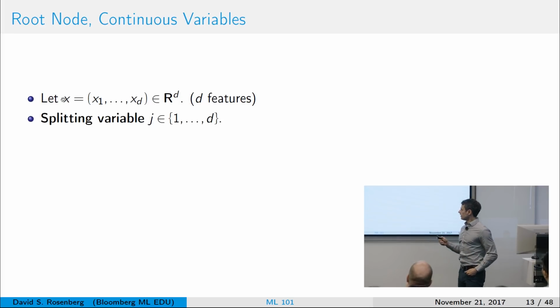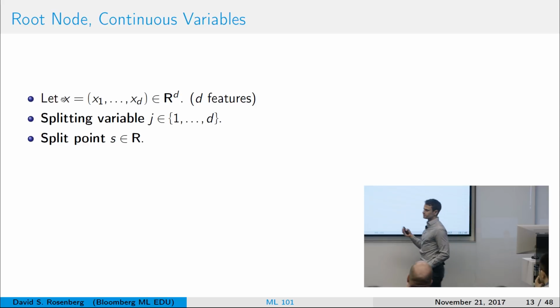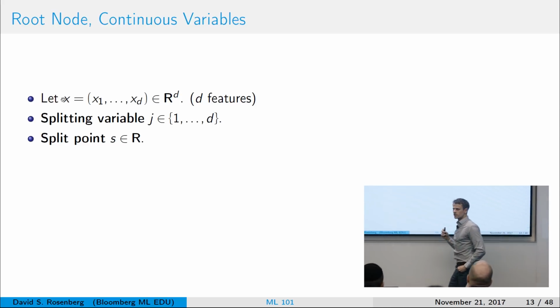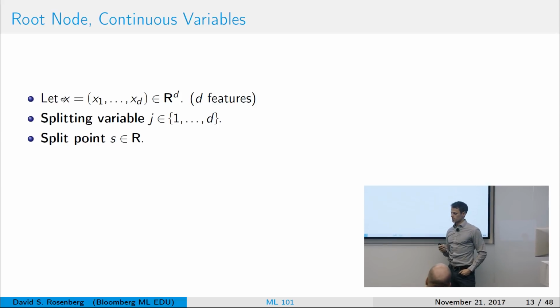All right, so given an input space that's R^D, for instance, so D features, we're going to restrict to splitting on single variables, single features. So there are D possible variables we can look at to split at every node.